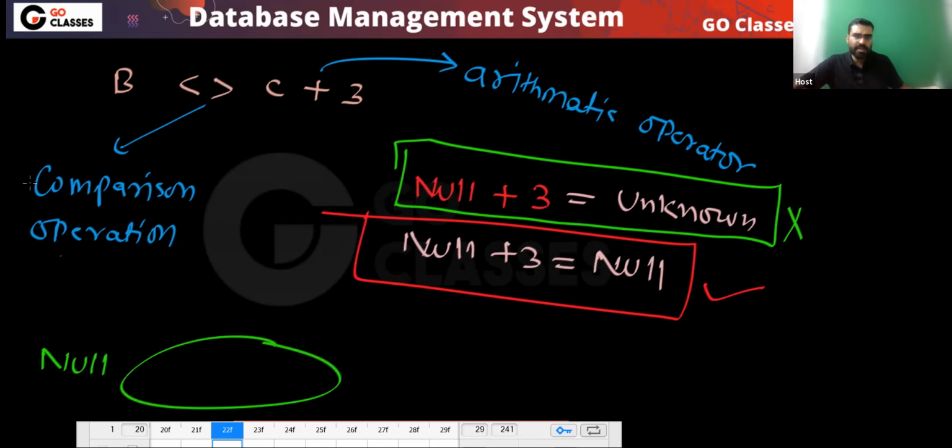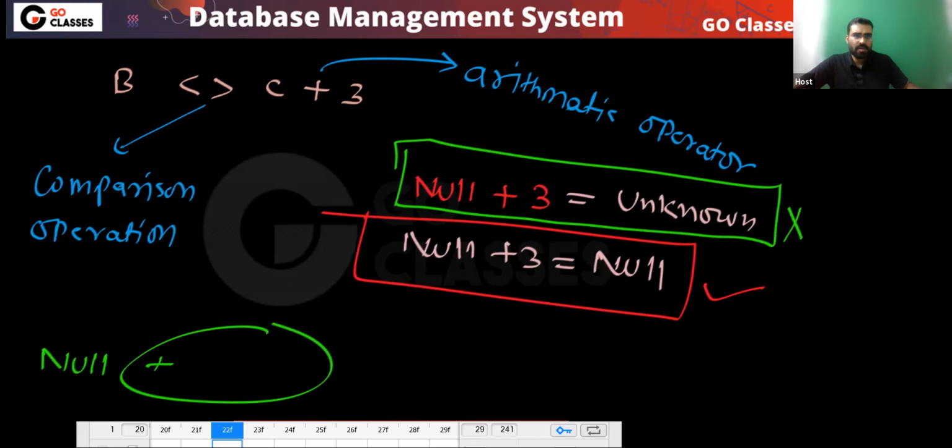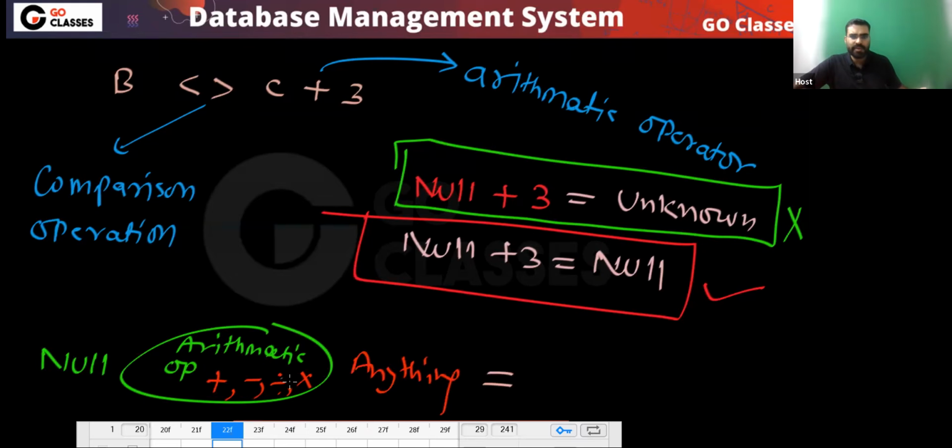any arithmetic operation, for example if you do plus, minus, division, or multiplication, with anything, then what will you get?